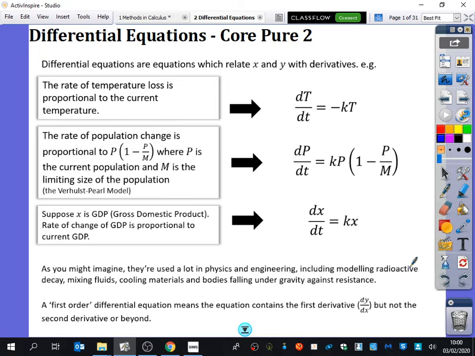A first-order differential equation means the equation contains the first derivative, dy/dx, or dP/dt, dT/dt, but not the second derivative or beyond. And what we will be looking at to begin with is first derivatives. We will then look at second derivatives as well, but we won't go any higher than second derivatives, okay?